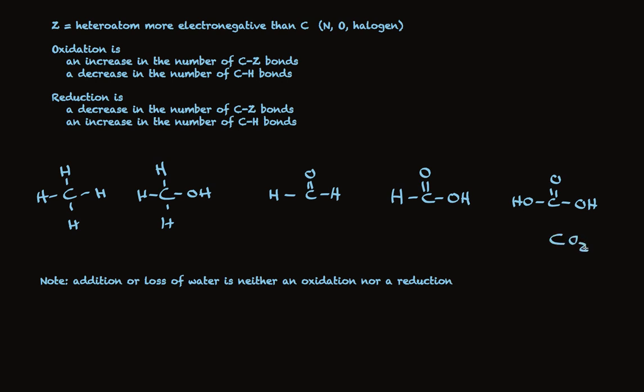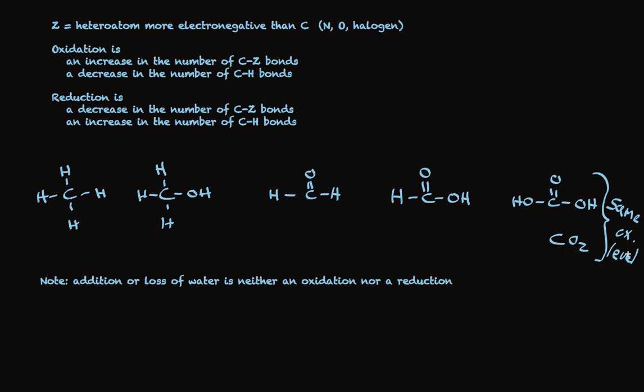Same oxidation level. And there you have it. Oxidation, reduction in organic reactions is simply a matter of changing the number of CZ bonds or the number of CH bonds. And applying one or the other of these definitions to each example will let you determine precisely whether an oxidation or a reduction has happened.